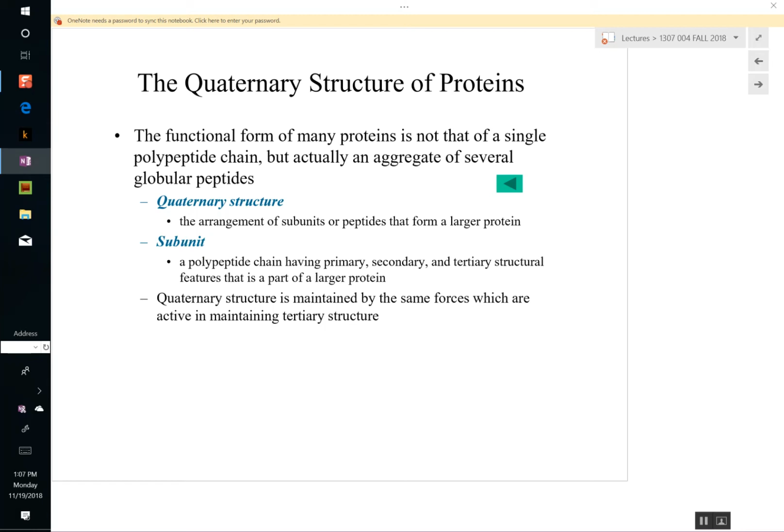Quaternary structure deals with 2 or more protein molecules and how they are associated.